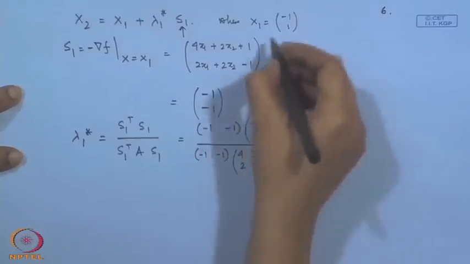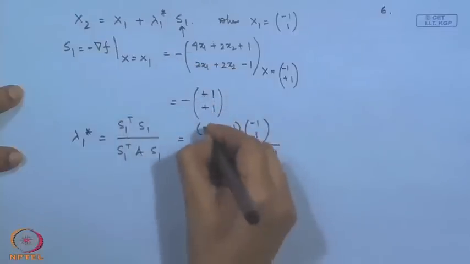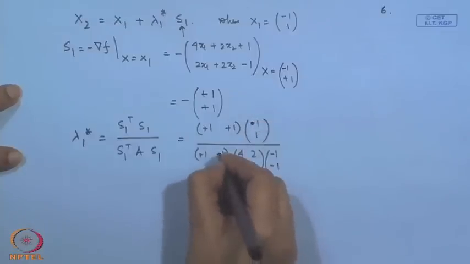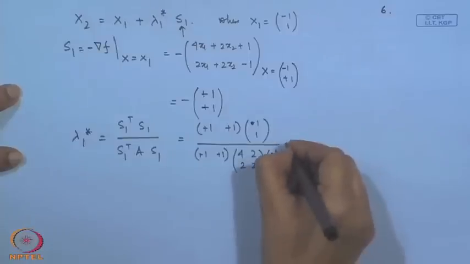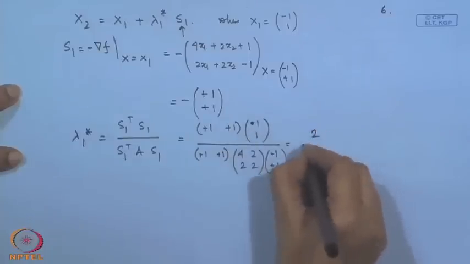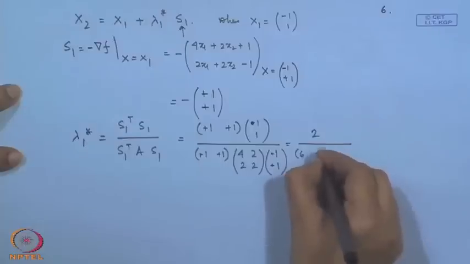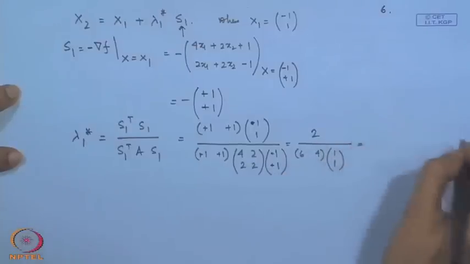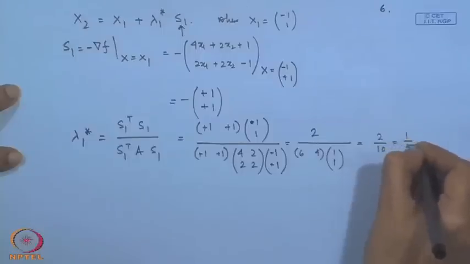Oh, one thing should be mentioned here, this is minus of grad f, that is why this is plus 1 plus 1. If we get it, that would be 2 here, and here it would be 6, 4, 1, 1. That is why it is coming as 2 divided by 10 equal to 1 by 5.